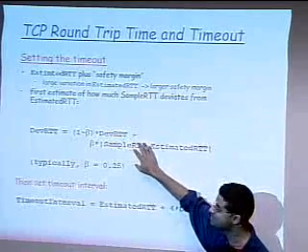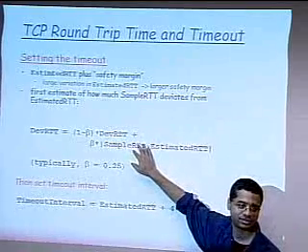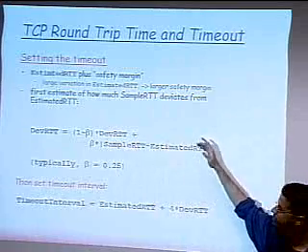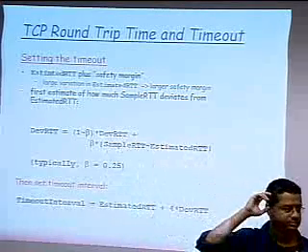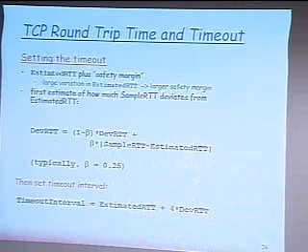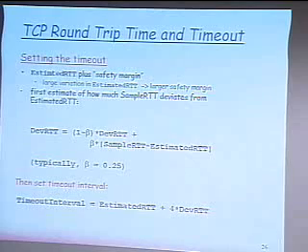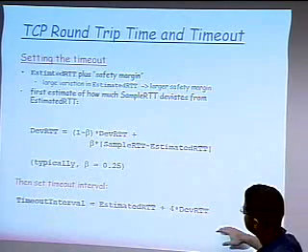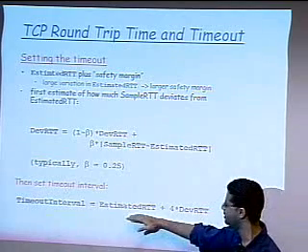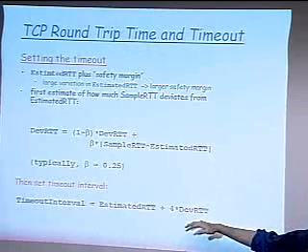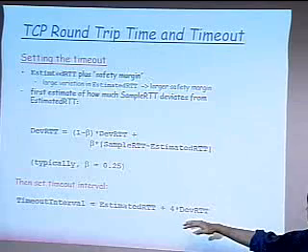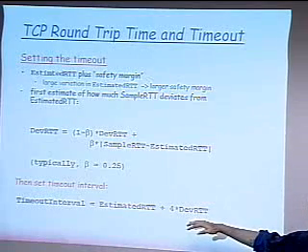That gives you a new sample of the deviation, absolute value. And then you smooth out that deviation. So now you have a smoothed out round trip time and a smoothed out deviation. And the timeout interval is that estimated RTT plus 4 times the smoothed out deviation. That's what TCP typically implements.